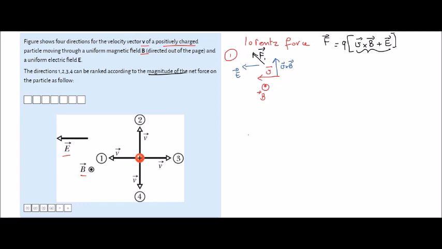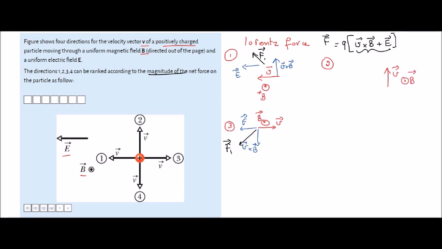Let's take the third situation, that's similar. What do we have? We have V in this direction, B is out of the page. Where is V cross B? Downward, right? V cross B is downward. E is to the left. F3 is like that. Now, the second one: V is upward, B out of the page.